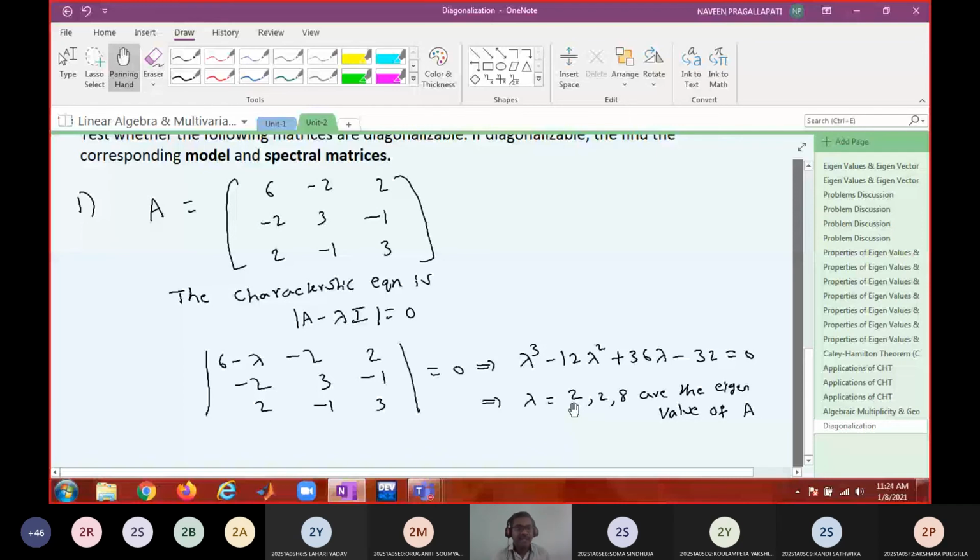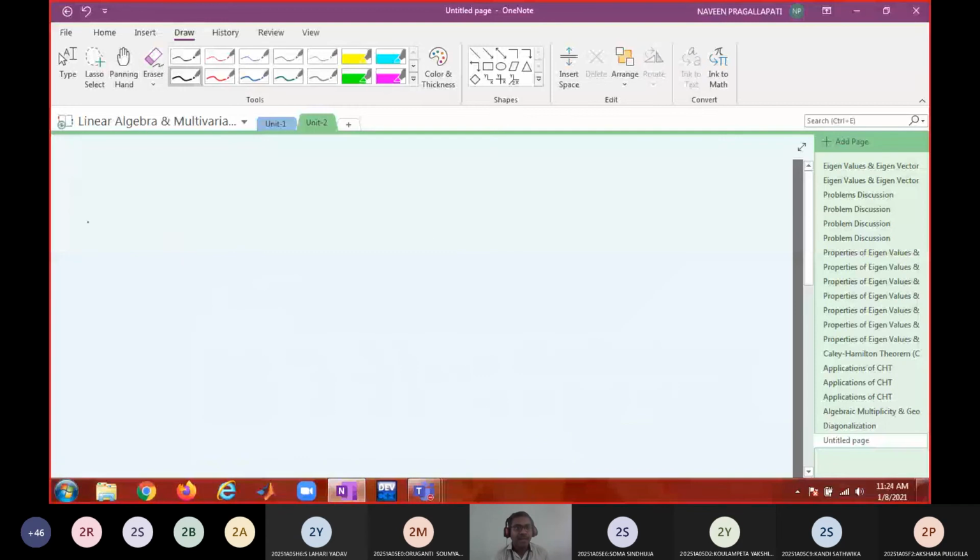So what is the next case? Eigenvectors corresponding to the first one, lambda equals 2.